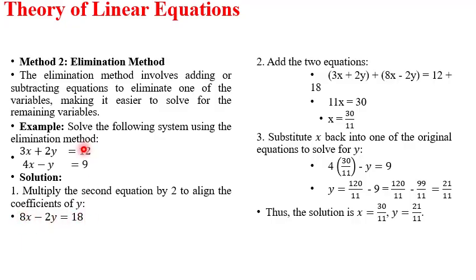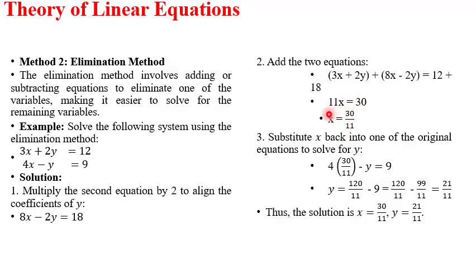Of course, we can now add this equation and this equation to eliminate the y variable. If done correctly, adding the two equations, 11x will then equal 30. So dividing both sides by 11 will give x equal 30 all over 11.